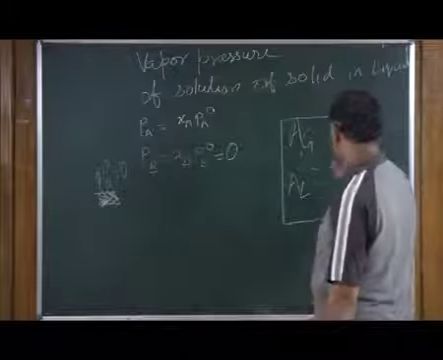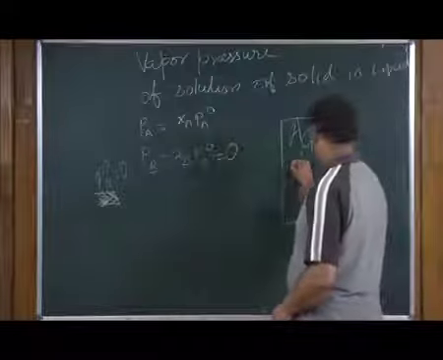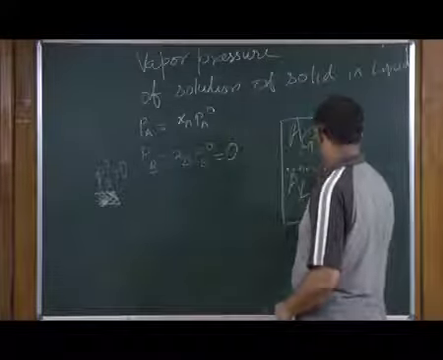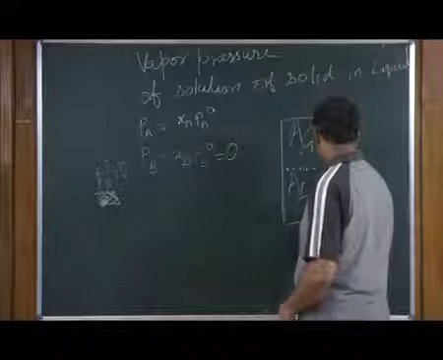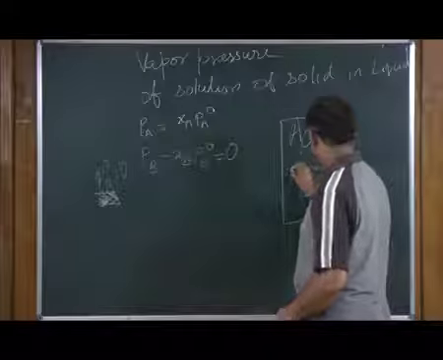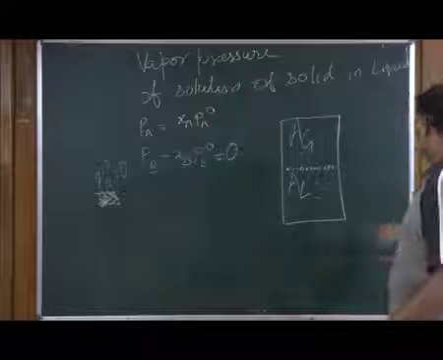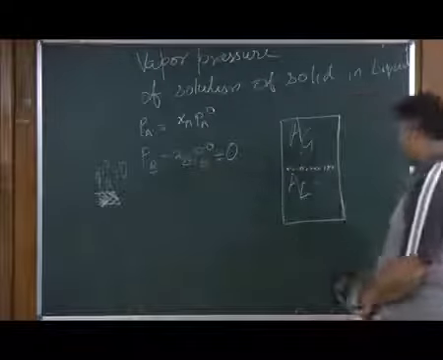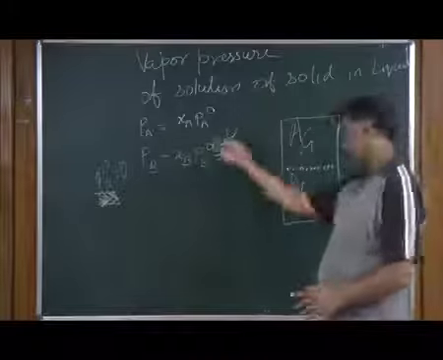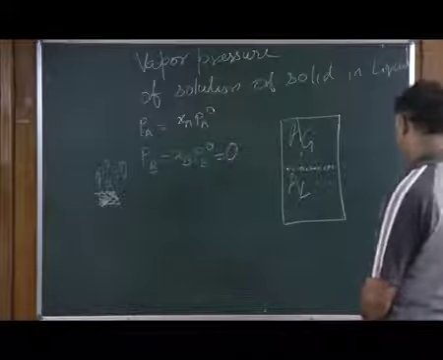Now, if I add a solute to this, what is happening? There are some molecules of the solvent and there are some molecules of solute. So, the concentration of solvent molecules at the surface has decreased. Of course, the solute is not going to evaporate, that is what we have considered; these are not volatile at all. That is the assumption here, which is true in most cases.